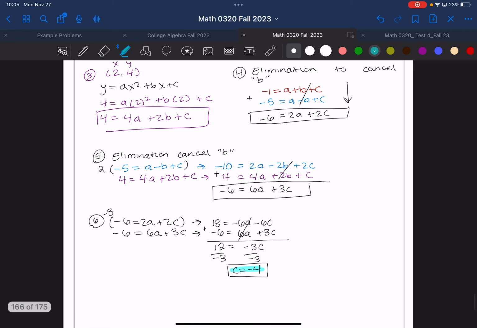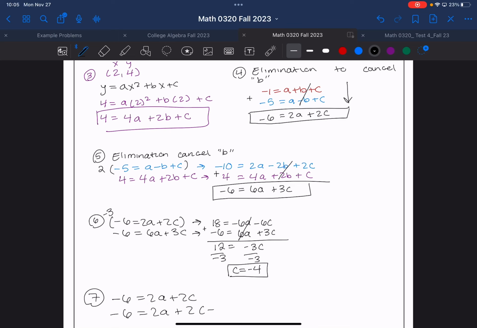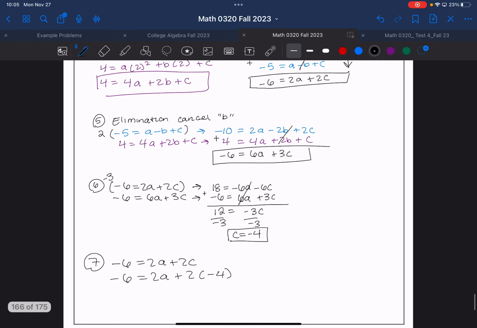It doesn't matter. So I'm just going to go ahead and plug it into number 4. So remember, number 4 was negative 6 equals 2a plus 2c. But we know c now. We know c is negative 4. So negative 6 is equal to 2a plus 2 times negative 4, which means negative 6 is equal to 2a minus 8.